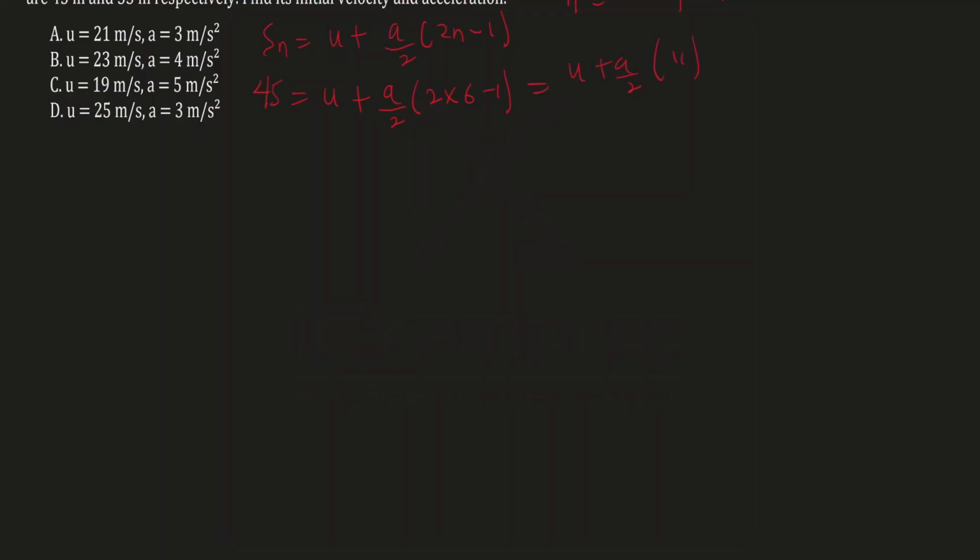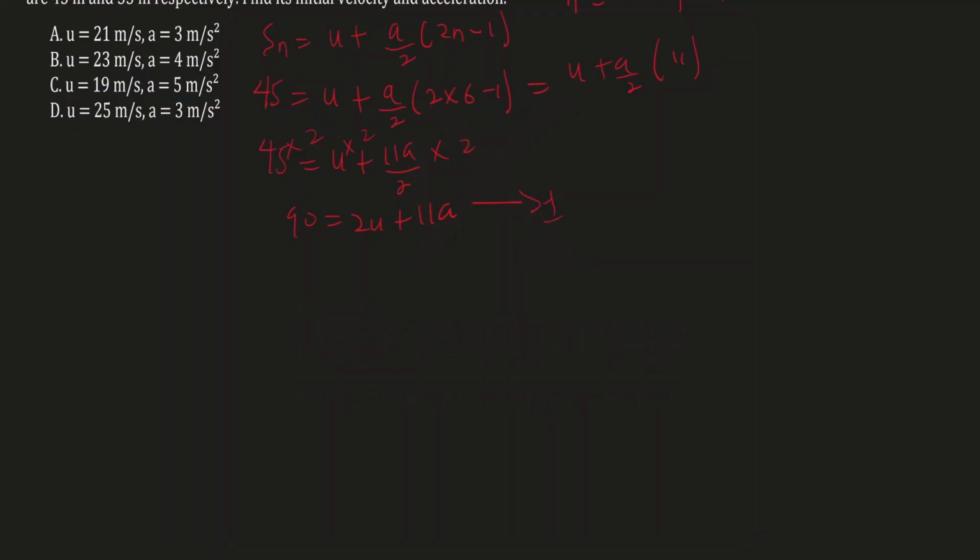So we have 45 equal to u plus 11a over 2, and I'll multiply both sides by 2 to cancel out the fraction. So 45 times 2 is 90 equal to 2u plus 11a. We call this equation 1 because u and a are unknown.